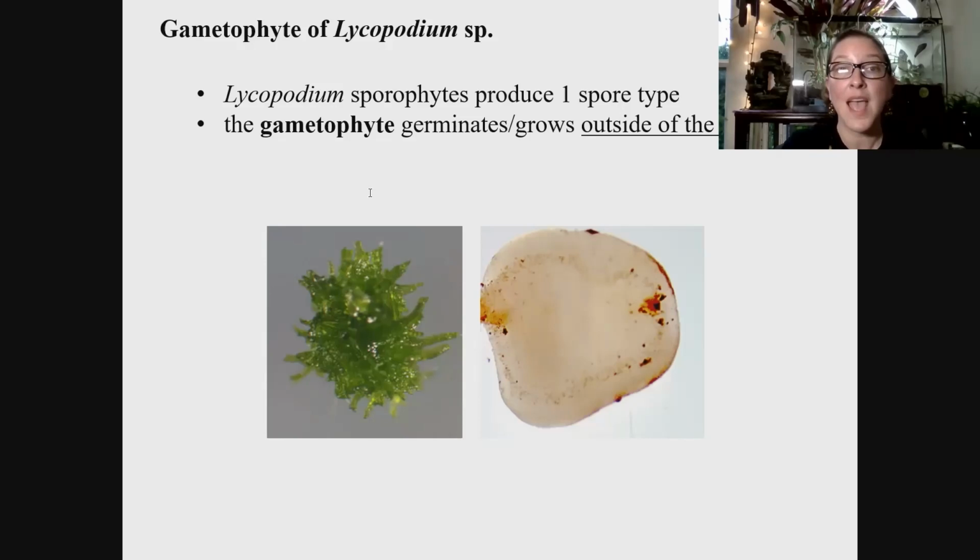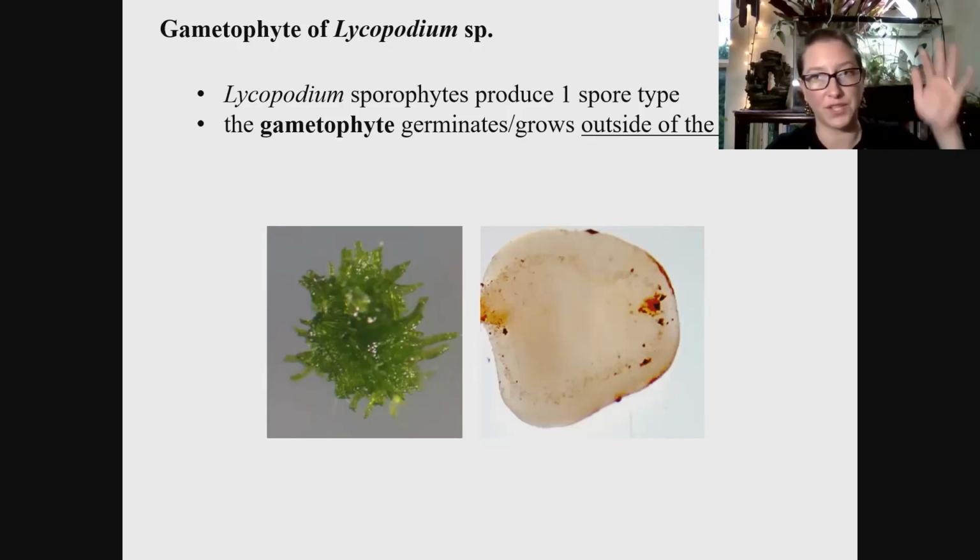Here are two examples of Lycopodium gametophyte plants. On the left, you have a green blob, which is photosynthetic. That one will just land on the surface and grow. The one on the right is from a different species. It's not green, and almost looks like a little radish.